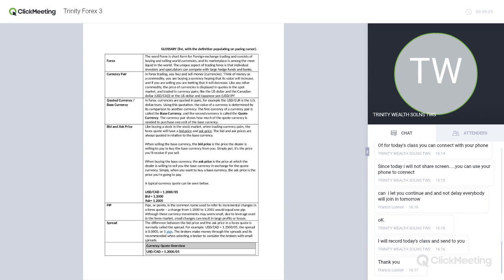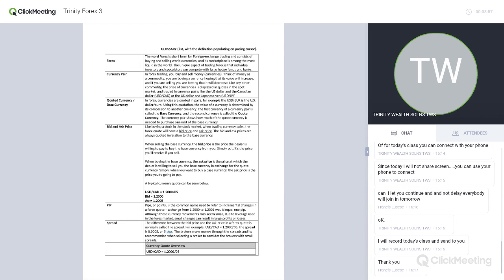So the bid price is the selling price. So when I'm selling the currency, the bid price is the price the dealer is willing to pay to buy the base currency. Remember, it may sound complicated, but as we go deeper, it just comes automatically, not much thinking required. It just comes to understanding when you read bid price and ask price.